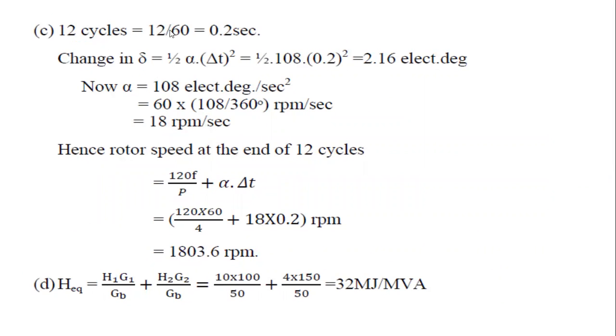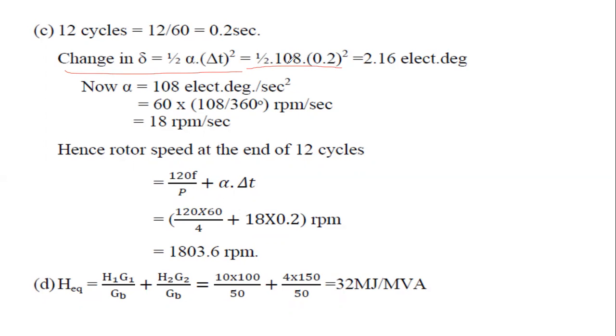Therefore, 12 cycles means 12 by 60, then we obtain 0.2 seconds. Therefore, we calculate the change in delta. Change in delta is equal to 1 by 2 into alpha into delta t, where alpha is the acceleration angle, that is 108, already calculated in the previous slide.